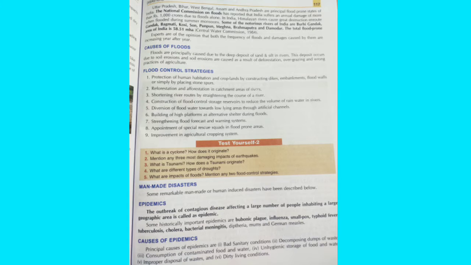The word outbreak is no longer new to us after the year 2020, where we have experienced such a great loss to humanity as the coronavirus pandemic. So we all are very well aware of the term now. The outbreak of a contagious disease affecting a large number of people inhabiting a large geographical area is called an epidemic.